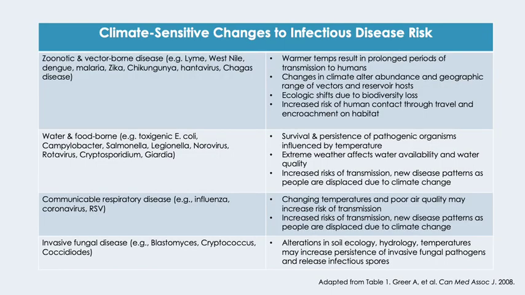Climate-sensitive changes to infectious disease risk will occur in different categories of disease. So, for instance, in the case of zoonotic and vector-borne illnesses, we may see that warmer temperatures are affecting the life cycles of pathogens and or the vectors that may prolong transmission cycles and increase the risk of transmission to humans.